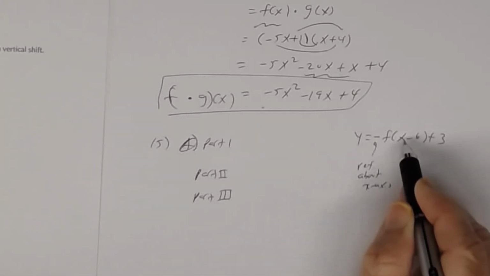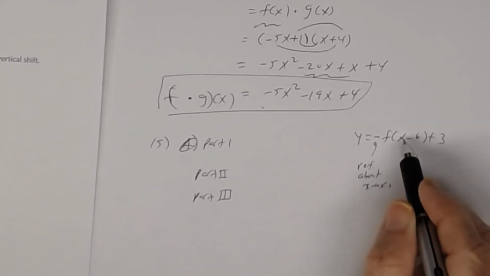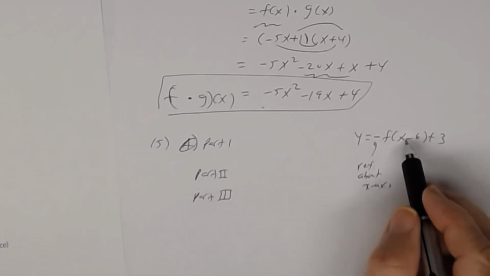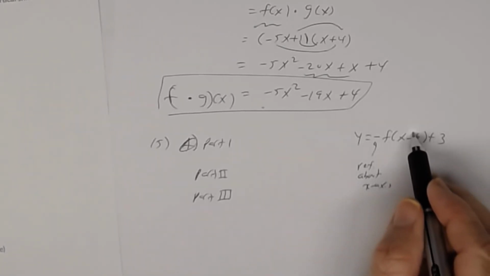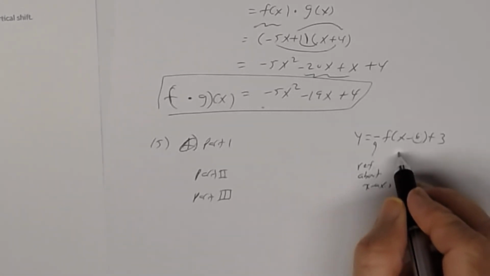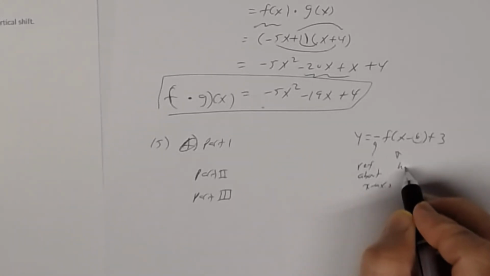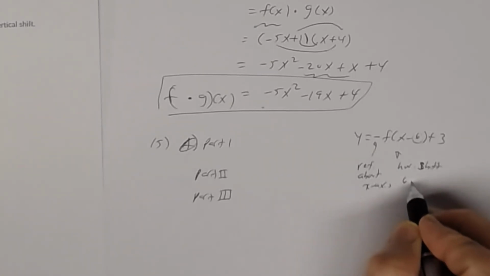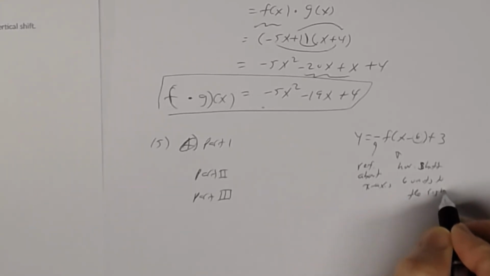Okay, a horizontal shift, now remember that's where you have to think carefully about this. It's already in the form x minus, so this is your shift at positive 6. So it's a horizontal shift, shift 6 units to the right.